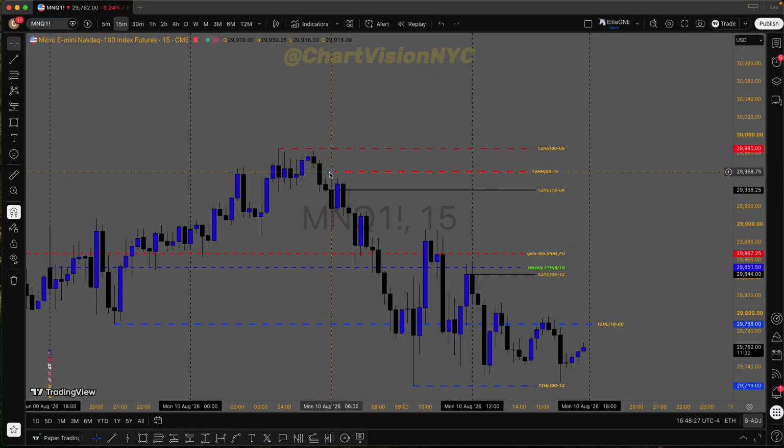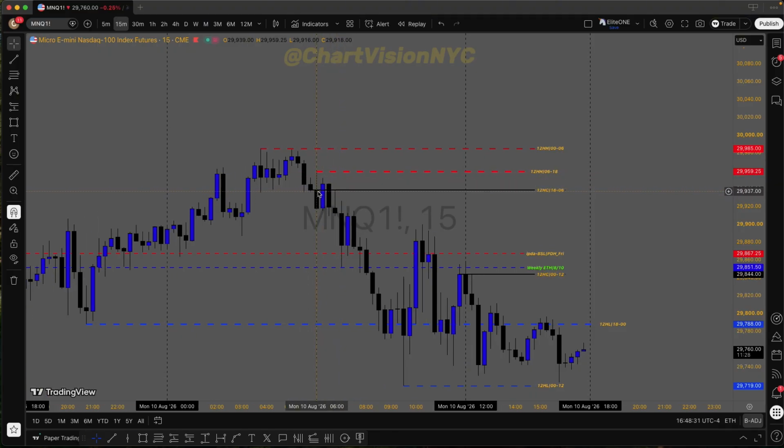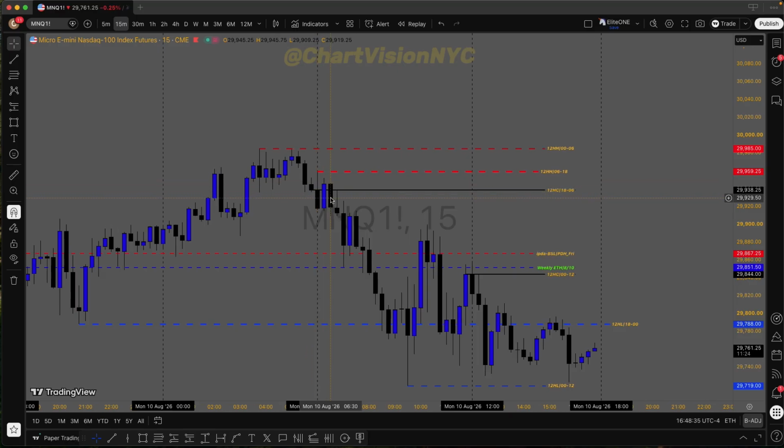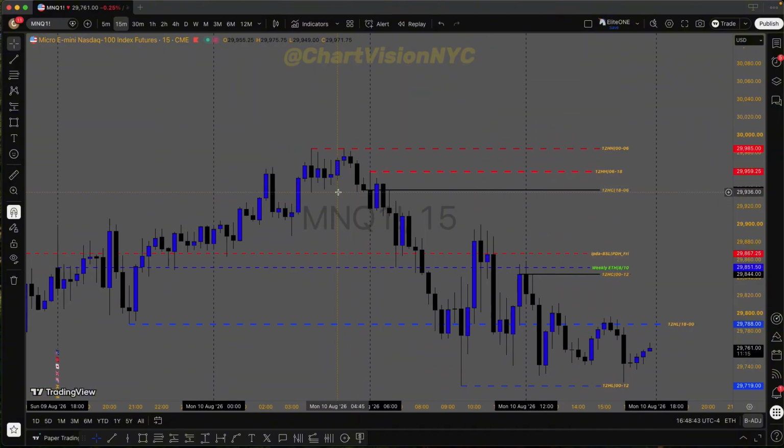But in the interest of just working off of the key levels, we see that there is a closing overlap below the 12-hour close, 6 p.m. to 6 a.m., at 9:38 1/4. That closing overlap happened at 6:30.